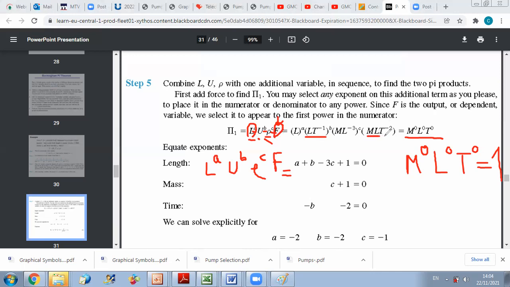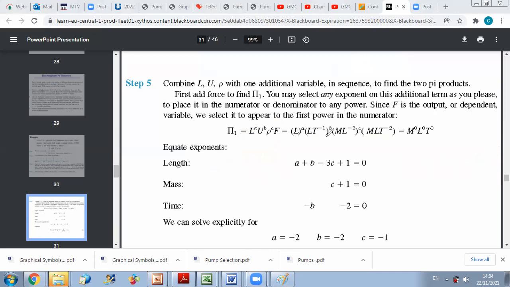It's M L T minus 2. Okay, so now all I have to do is comparison between these two sides. I mean, if I group L terms, what will be the total coefficient of L? I have L to the power A here, here I have minus 3, here I have, sorry, also here B, so plus B.